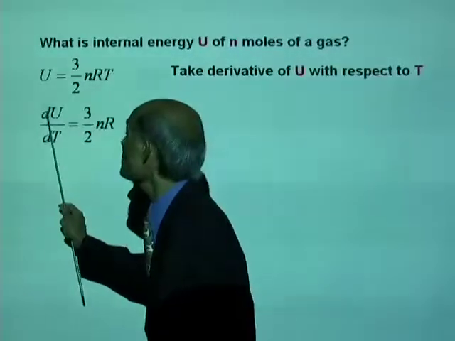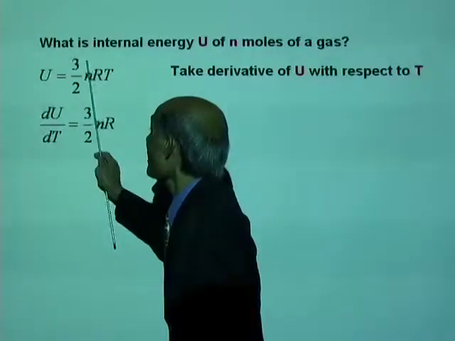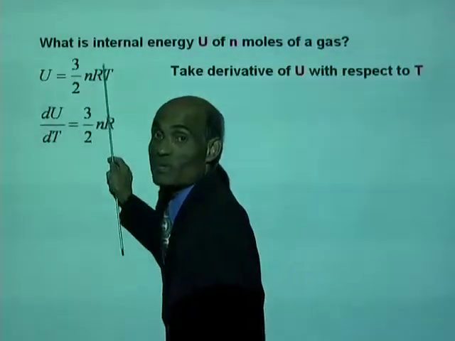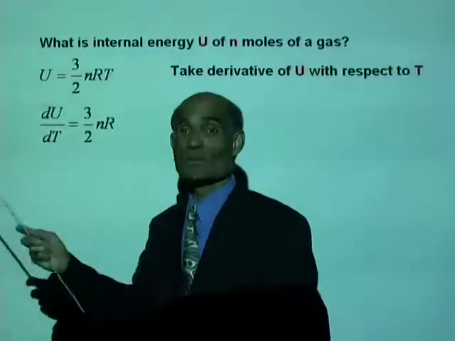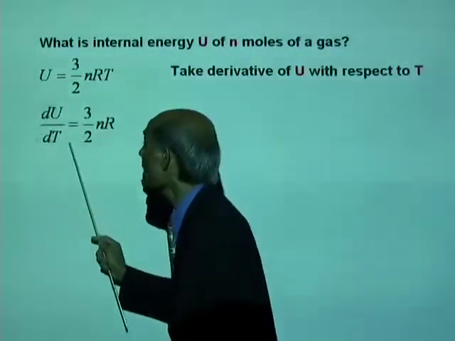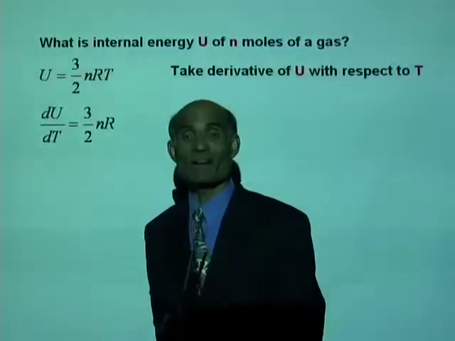We get dU/dT: 3/2 nR is a constant, and the derivative of T with respect to T is 1. So dU/dT equals 3/2 nR.